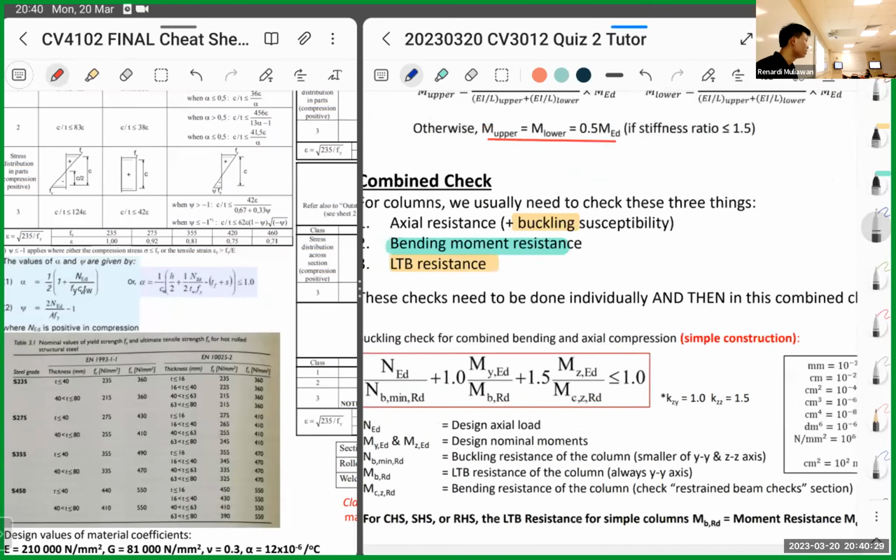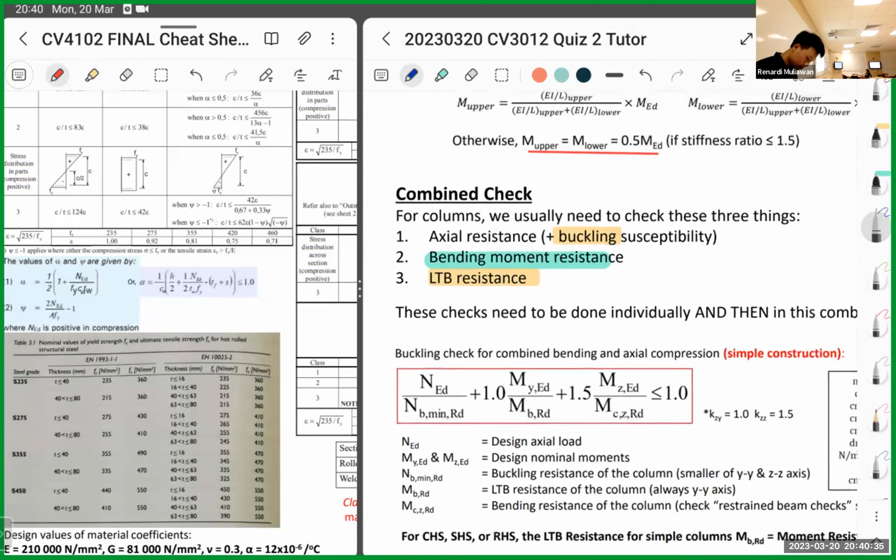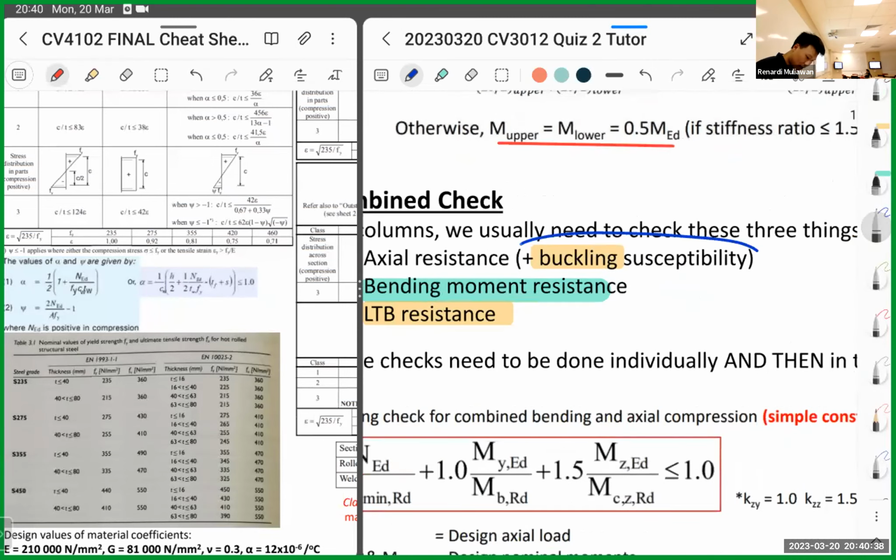But usually, for a column, the most critical one is the buckling. It's always the buckling which is the most critical, usually.